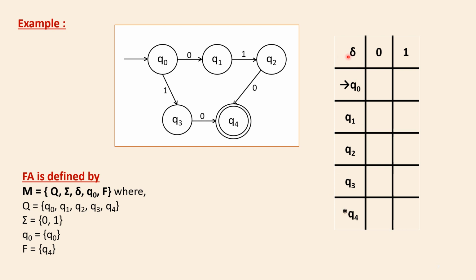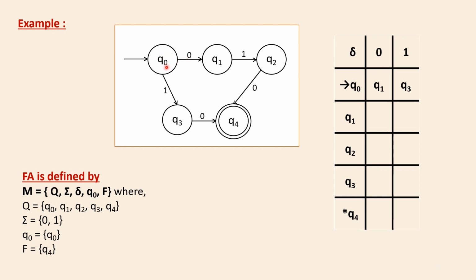In the first row, we have 0 and 1. That is, we will be having all our input symbols here. In this diagram, all the input symbols are nothing but 0 and 1. Now, let us see the first transition, that is Q0 on input 0.